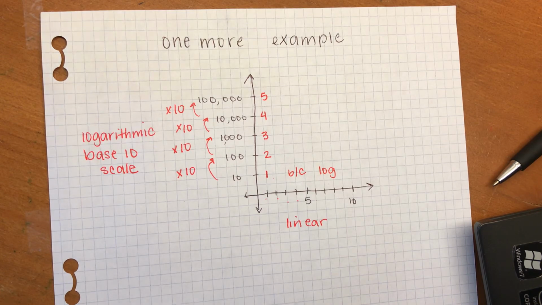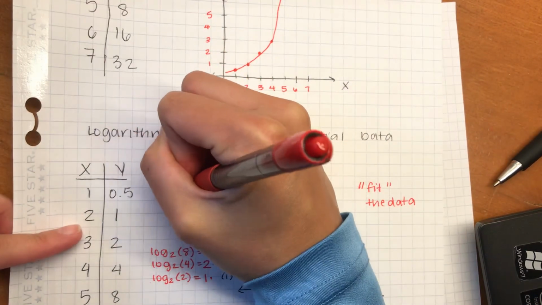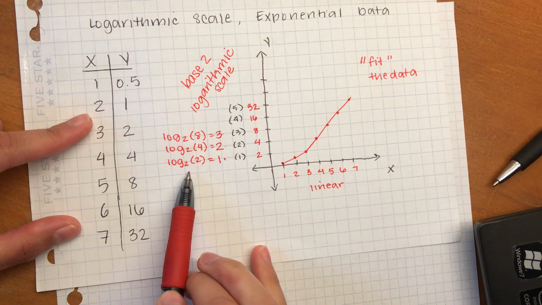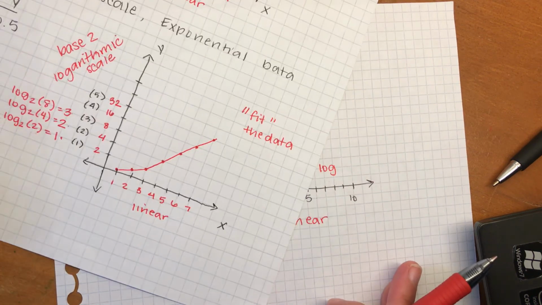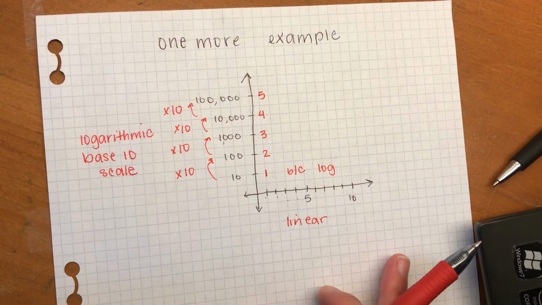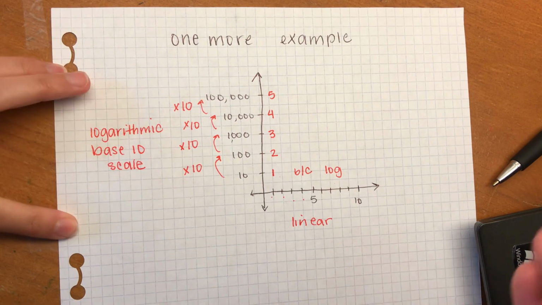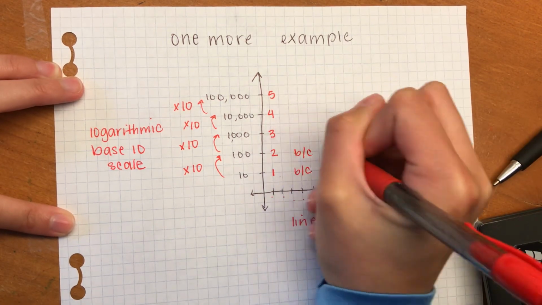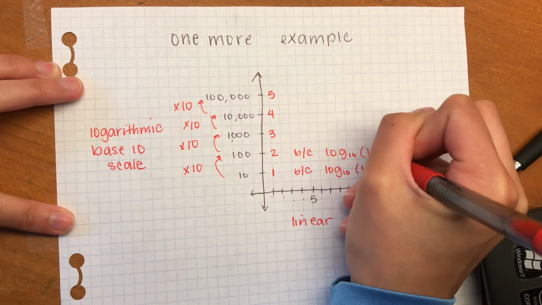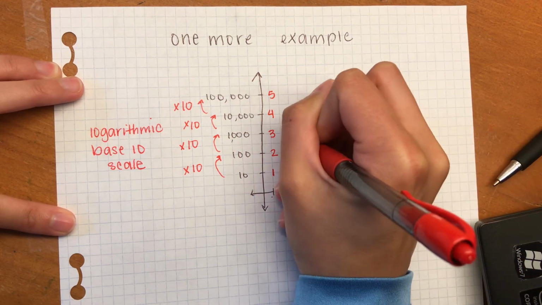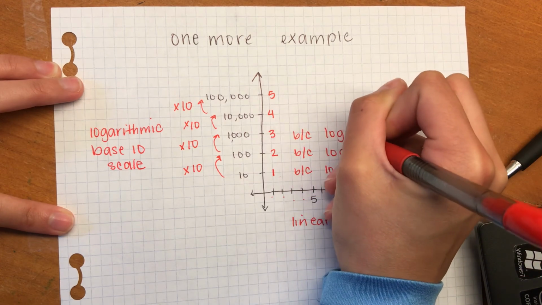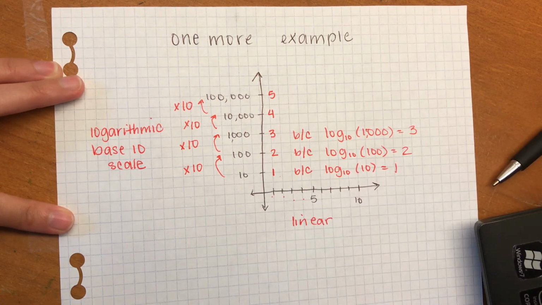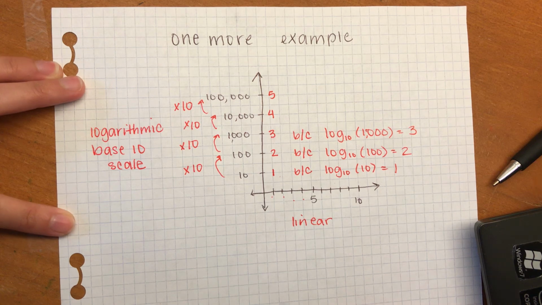So on my other example, I really should have said this is a base 2 logarithmic scale before, because I have a log base 2 here. And it does make a difference, right? So now that I'm looking at my logarithmic base 10 scale, I can say because the log base 10 of 10 equals 1, because the log base 10 of 100 equals 2, because the log base 10 of 1,000 equals 3, and so on. That would continue all the way up.